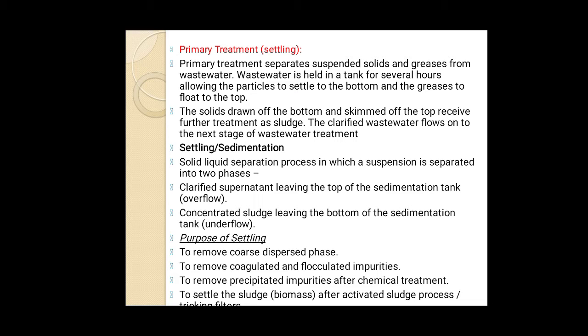The next stage is settling, or sedimentation. In this stage, a solid and liquid separation process is done, in which the suspension is separated into two phases. Means whenever all these materials are allowed to settle in a settling tank, this stage is also called sedimentation, and then the two phases, solid and liquid, get separated.